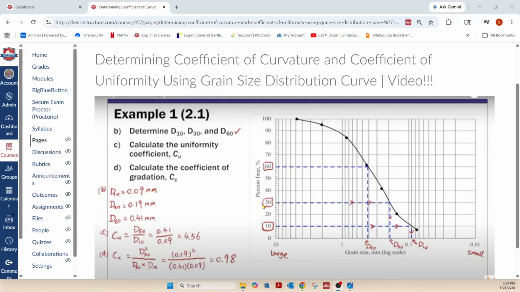This is x, this is y, and these read from right to left on the x and from 0 up on the y. Now the part on the y-axis is measuring percent finer passing. Remember that. So now we get to use it.